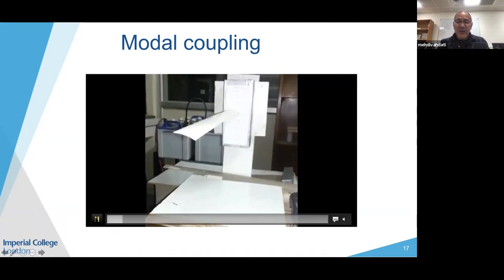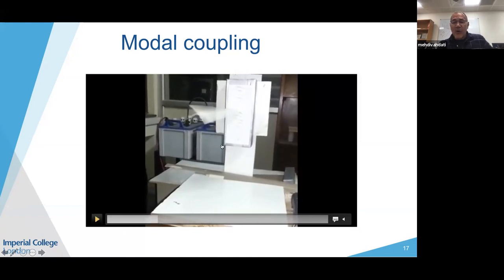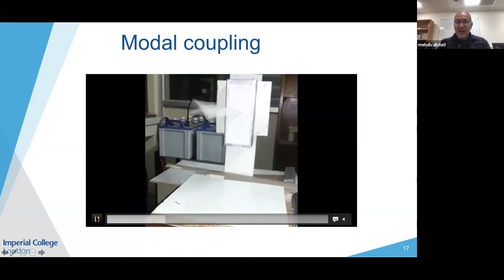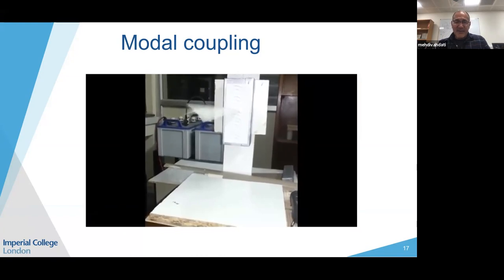If you notice what happens initially, while the flow of air is not in the flutter regime, the only thing that you do is move the blade to a new static position. So this is the new position of the blade. This is a static deformation. And then, consequently, it starts vibrating about this new static deformed position.